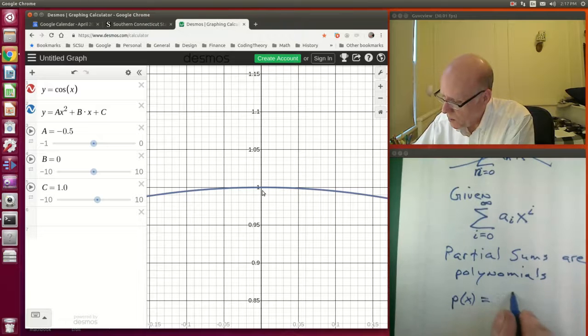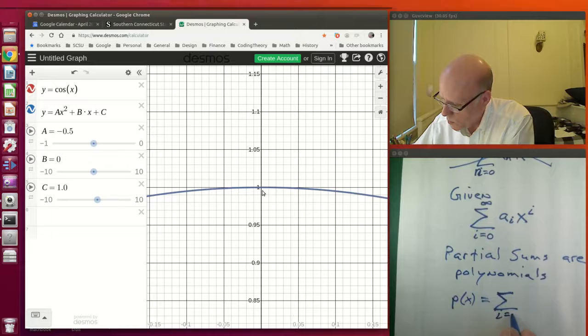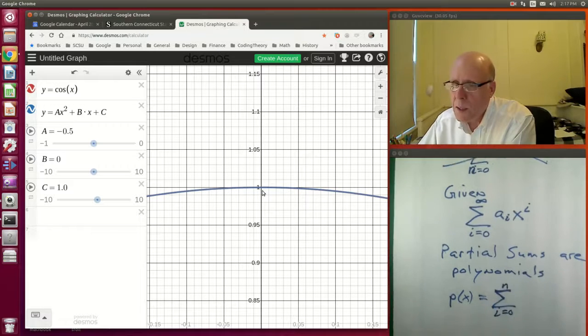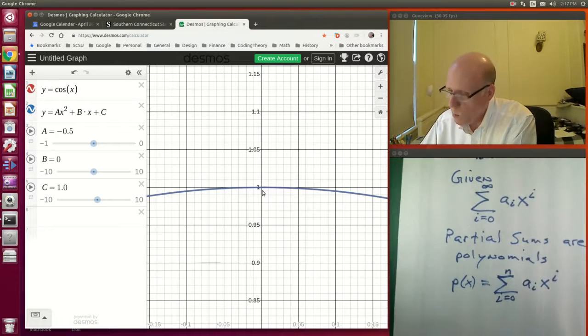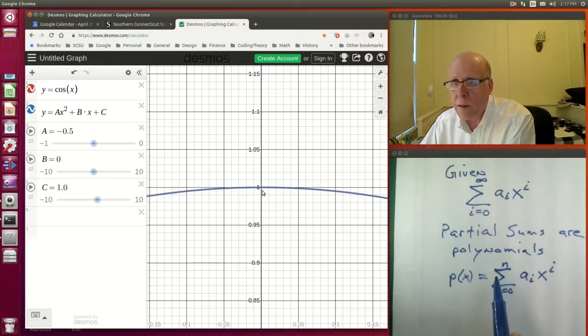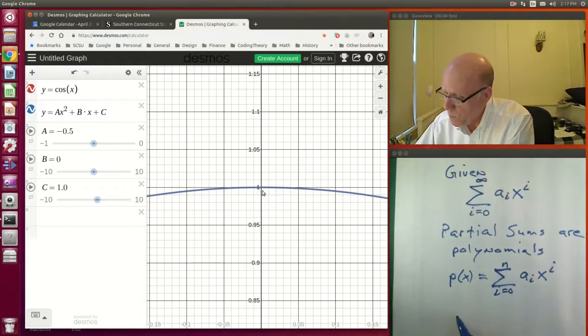It is a finite sum that goes from i equals 0 to some number n, and it has those same terms in it, a sub i x to the i. So that upper limit, n, is the degree of the polynomial.